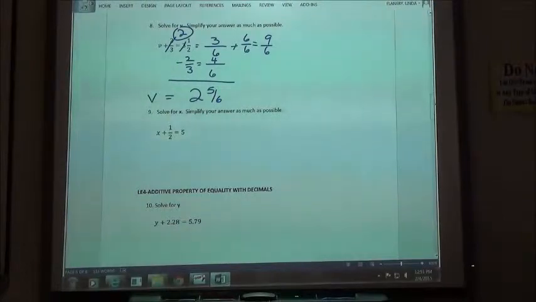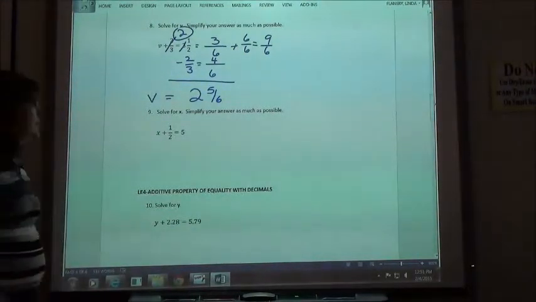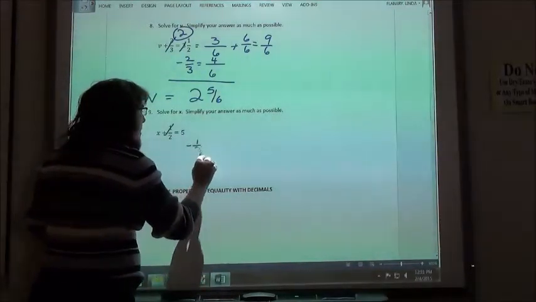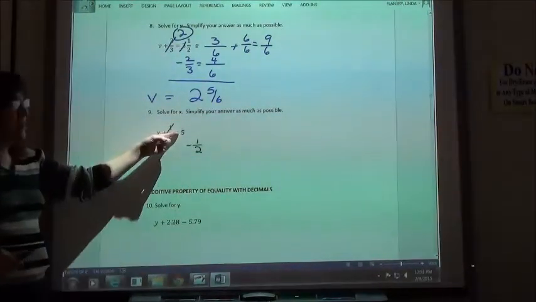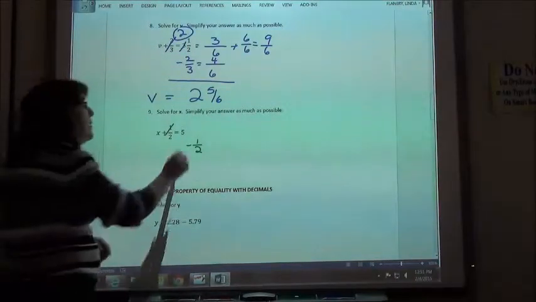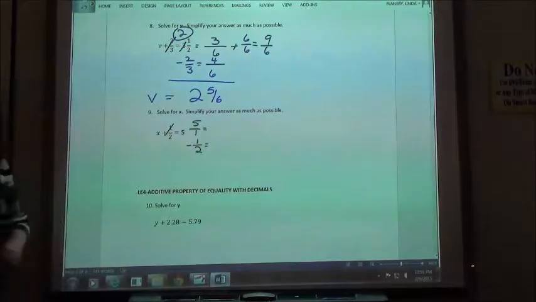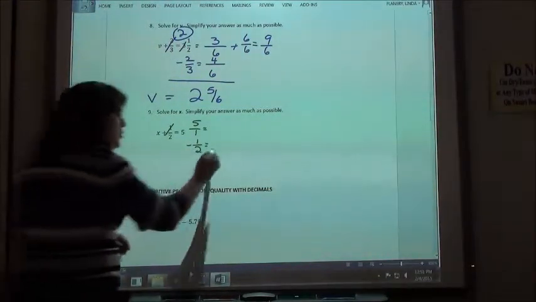So number 9, I want to solve that for x. I am going to do what? I'm going to subtract my 1/2. I could make this 5 over 1 and just make a big improper fraction, in which case my common denominator is 2.